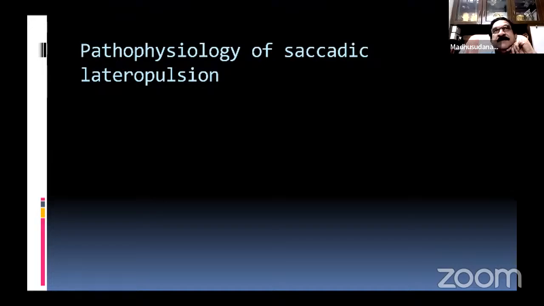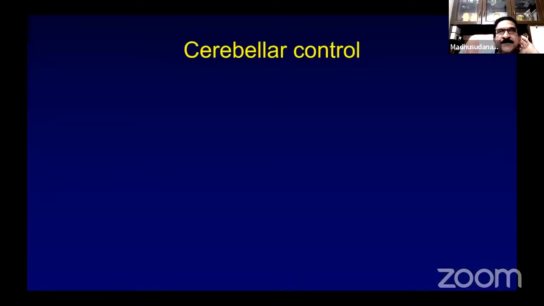I told you last time there was a case of lateral medullary infarct where the eyes were deviated to the same side. How is that possible in lesions of lateral medullary syndrome? What is the pathophysiology of that? For that, you must understand the role of the cerebellum.